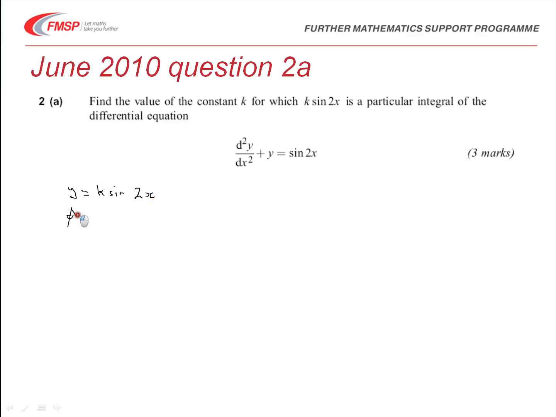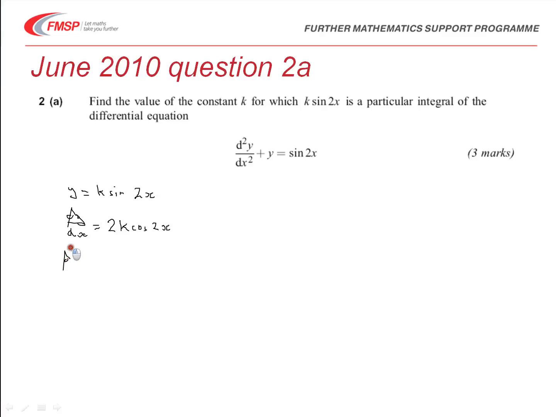So if we find dy by dx, that will give us 2k cos 2x. Remember, differential of sine is cos, and then we've got to differentiate the 2x, which gives us the 2 in front.